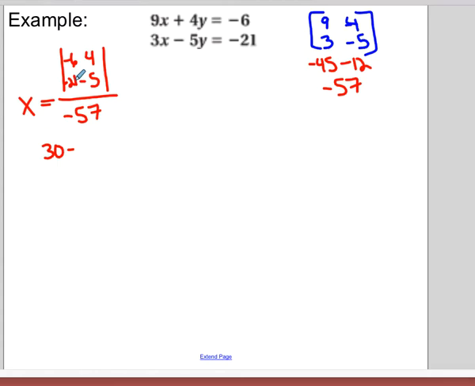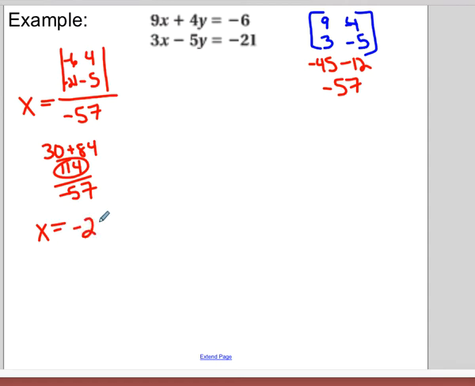So minus -84 is going to turn to +84. And that is going to give me 114, right? So that's my numerator, divide it by -57, and that's going to give me a nice clean answer for my x coordinate, which is just -2, right?